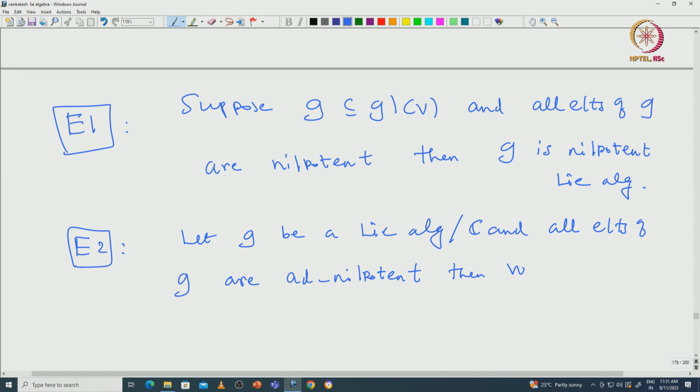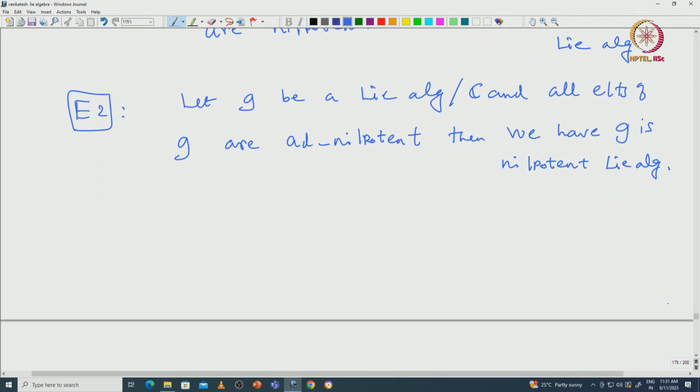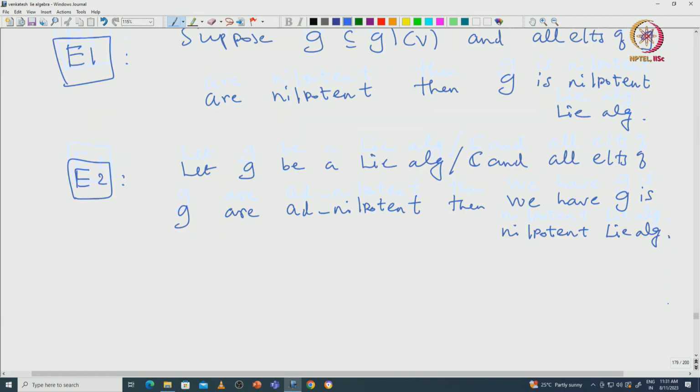Then we have G is a nilpotent Lie algebra. So why does E1 imply E2?